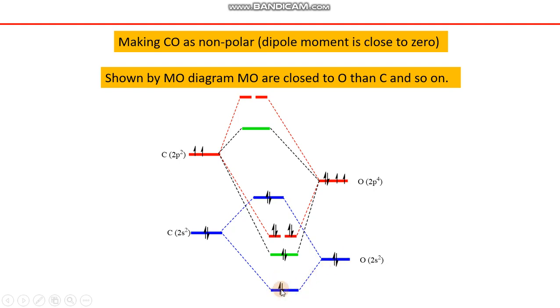And this pair of electrons which we have called HOMO, the highest occupied molecular orbital, is now closer to carbon. It means if this pair of electrons is involved in bonding, this pair belongs to carbon, not to oxygen. Therefore, the bond will form through carbon.